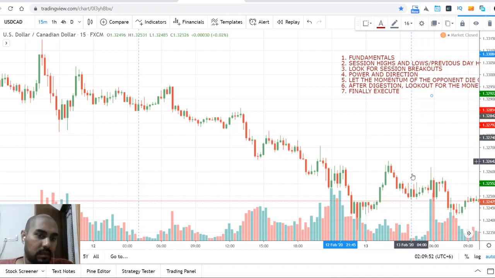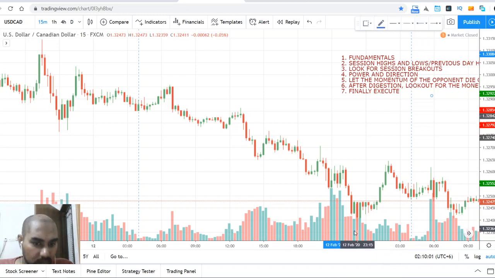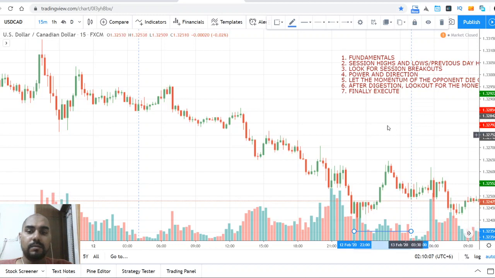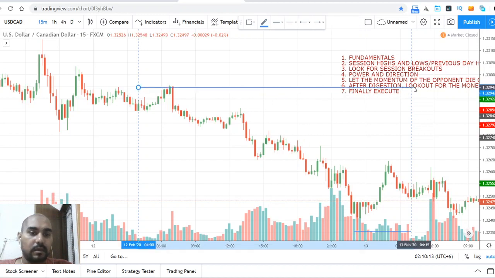This was the end of New York on the 13th, so let's mark it here. This is the previous day's low, and this is the previous day's high.